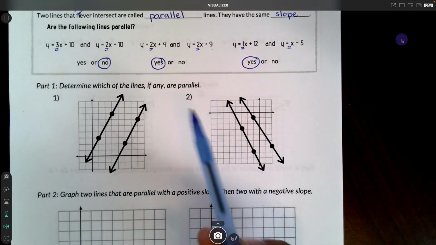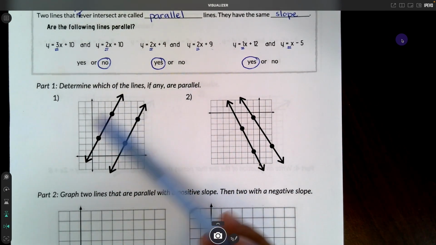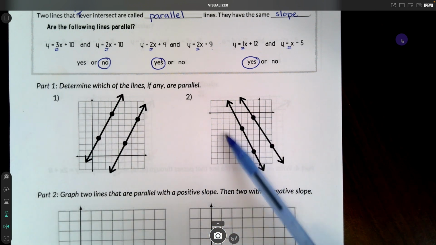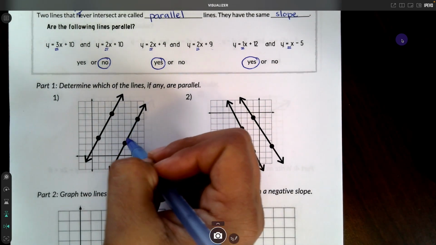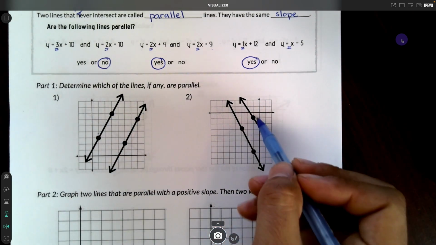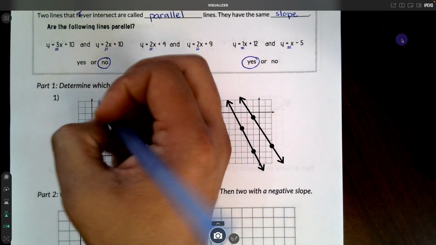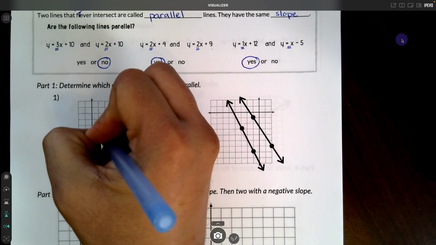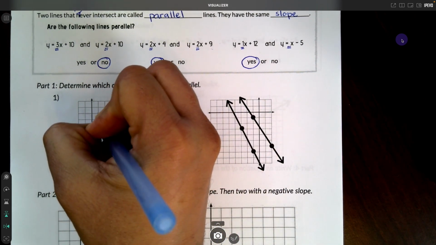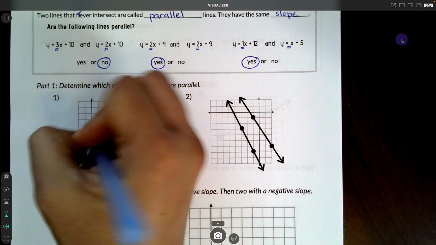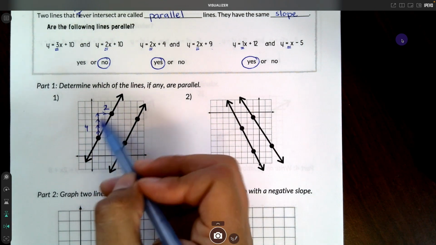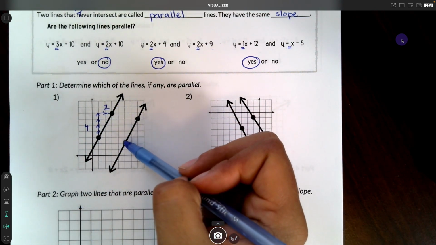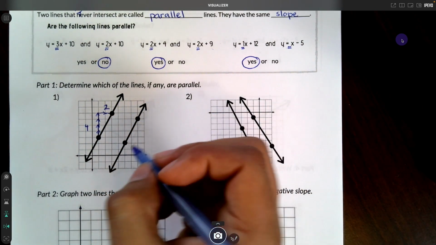Now, it's safe to assume that this pair looks parallel and this pair of lines look parallel, but you want to double check by counting their slope. And I've added some points on here for all 4 of these lines for you to double check. So we're going to count up 1, 2, 3, 4 over 1, 2. Now if we see the same pattern, 4 over 2, then these two are parallel.